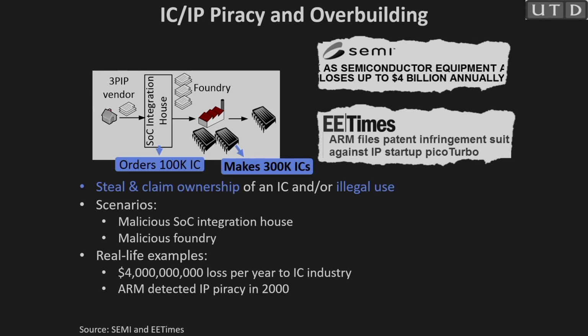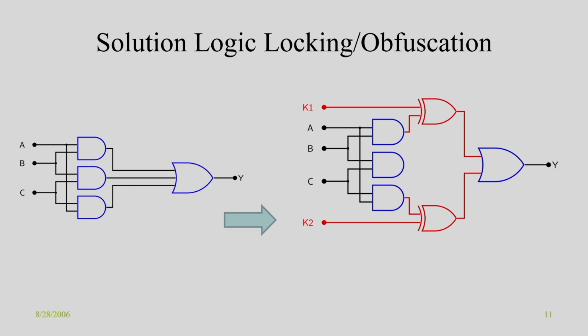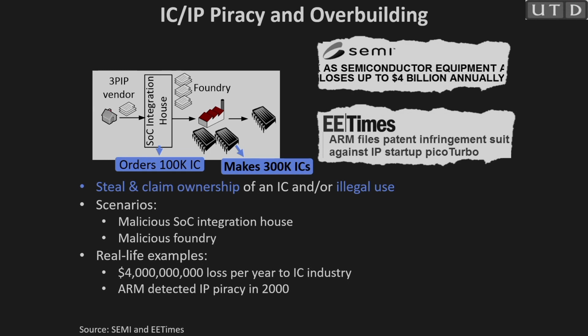Okay. So, that is the hardware security concern that we try to address in this particular week. One of the important and interesting solutions is logic locking, or logic obfuscation. Because, as I explained so far, you have to give your IC or layout to the fabrication lab, the fab, right.